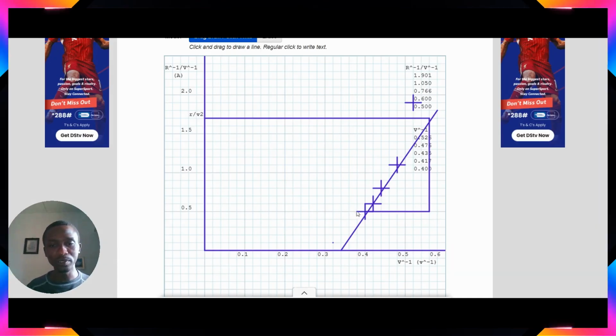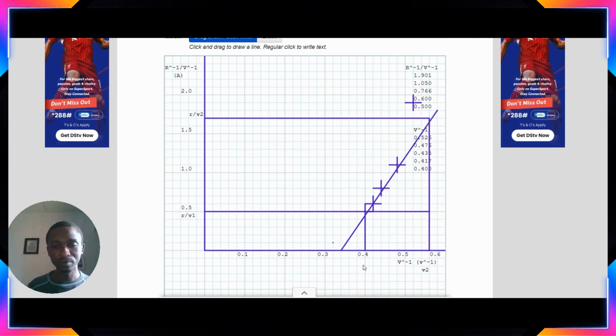Then this point will give you your R inverse over V inverse 1. Then coming down, there will be your V inverse 2, and there will be your V inverse 1. So the next one is just simple arithmetic to get your answer.